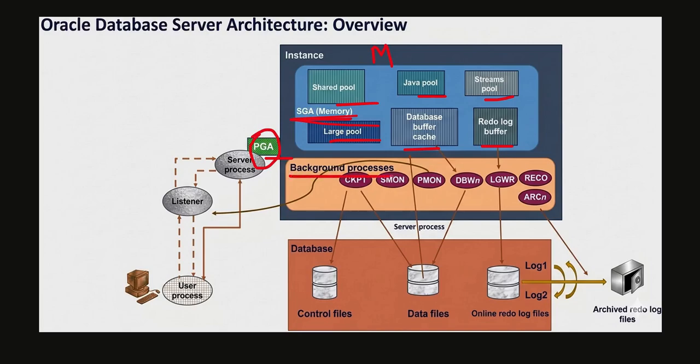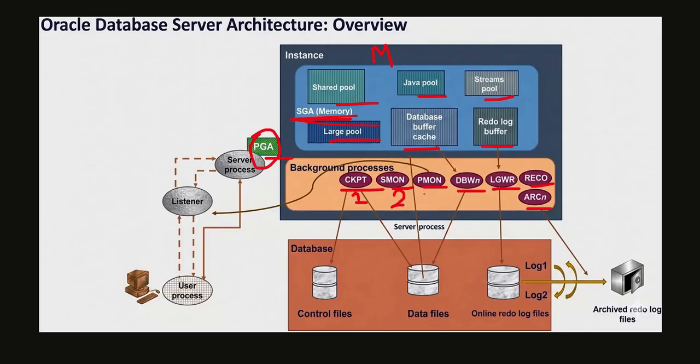Now I'm going to explain the background processes. There are many background processes in Oracle database, but the main and mandatory background processes are CKPT, SMON, PMON, DBWN, LGWR, RECO, and archive. The main five are very important. One is CKPT, the checkpoint background process. Two is SMON, the system monitor process.